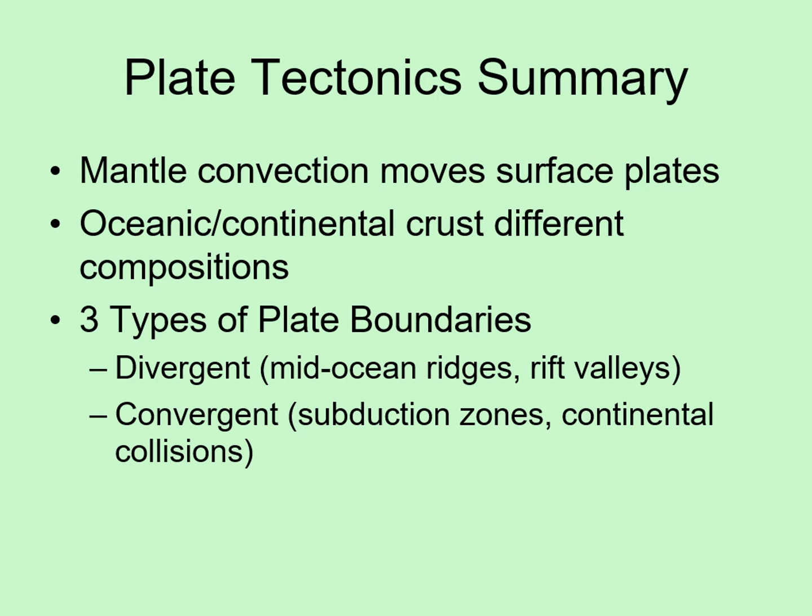Convergent boundaries occur when two plates are moving together. If one or both plates are oceanic, then a subduction zone forms and one of the ocean plates is recycled back into the mantle. If they're both continental plates, then we get a continent-continent collision, producing a huge mountain range. Finally, transverse boundaries happen when two plates slide past each other.